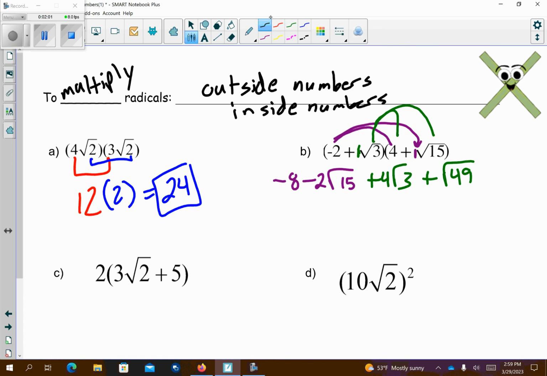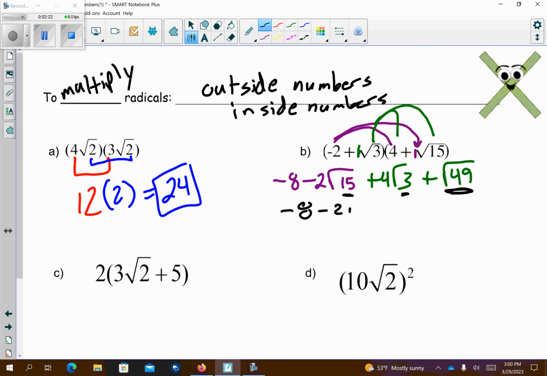Once you get to this point, we want to start taking a look. Are there any places that maybe we could reduce? Will 15 break down into a perfect square? Well, the only things that go into 15 are 1, 3, 5, and 15. None of those are perfect squares, so that's going to stay as is. Same thing with 3. 3 will not break down any further. But what's the square root of 49? Yeah, it's 8.